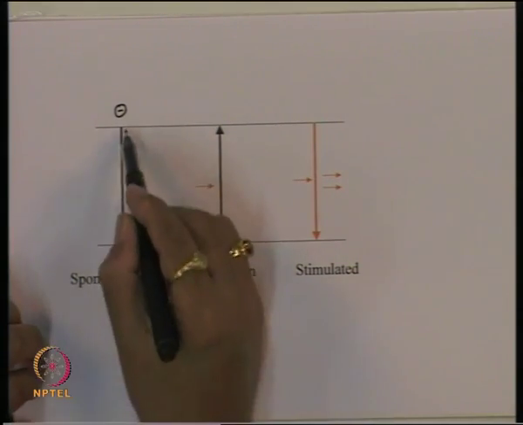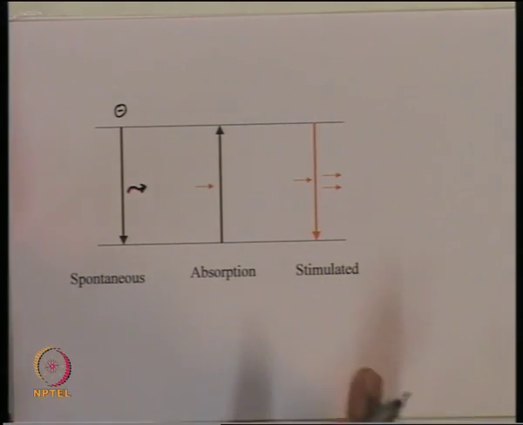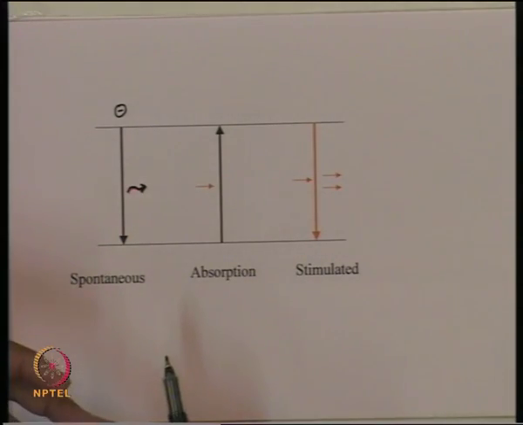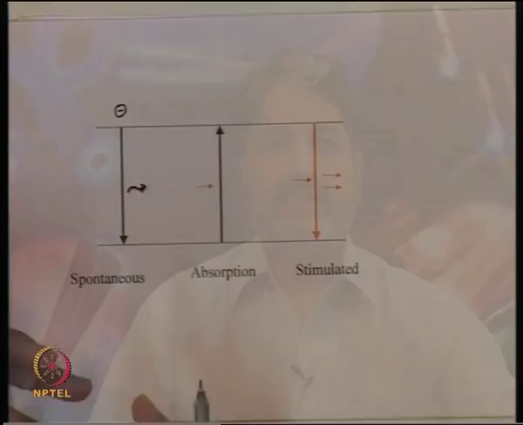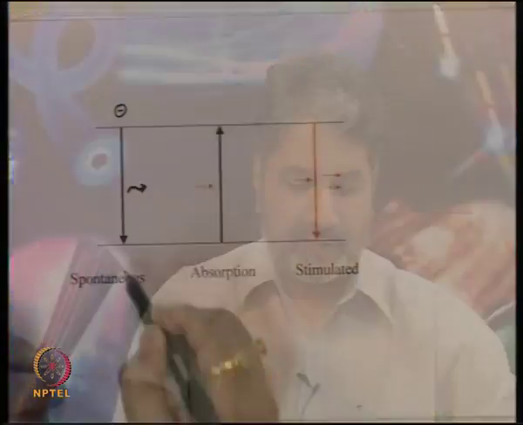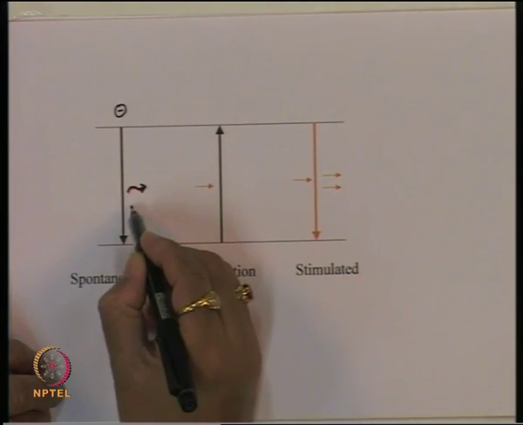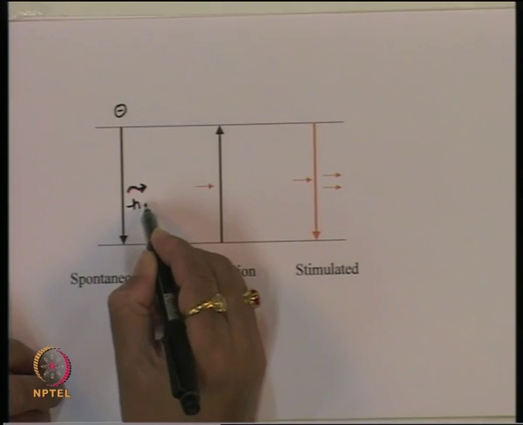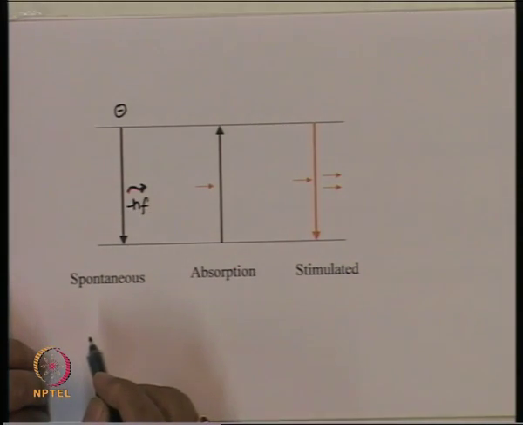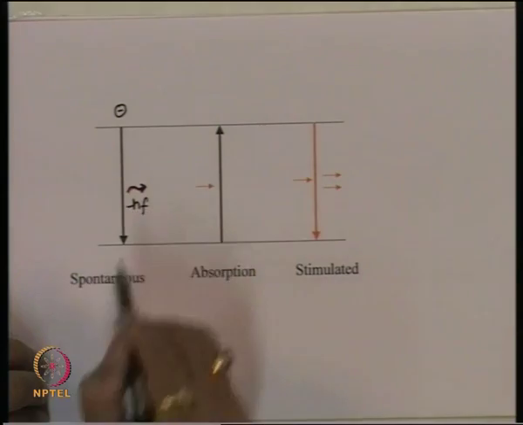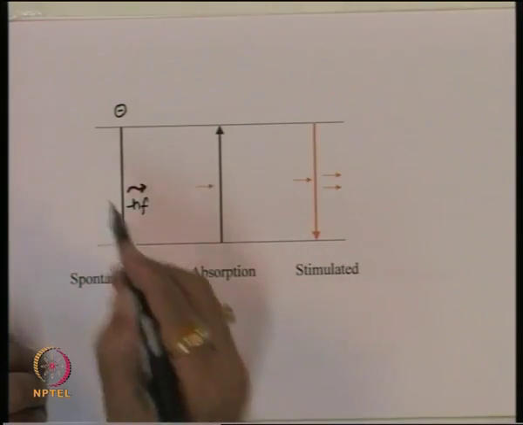Now, since this process does not require anything else, it is just that the electron is in the excited state and has a natural tendency to relax to the lower energy state, this process is called the spontaneous process. Whenever a spontaneous process takes place, a photon is released of energy h f, where h f is nothing but the energy difference between these two levels.